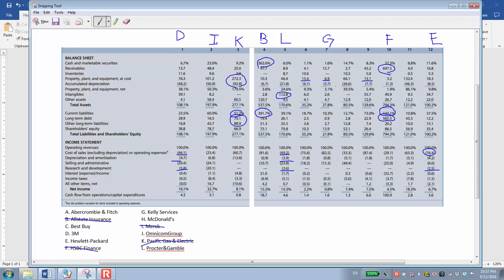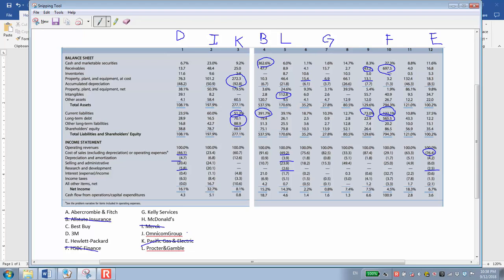Okay, the next one we should distinguish is the two service companies and Best Buy. You know what I find? I find this company has abnormally high receivables and payables or current liabilities. So this does not apply to Best Buy. Actually, Omnicom Group is kind of a service company, but it's an agent.